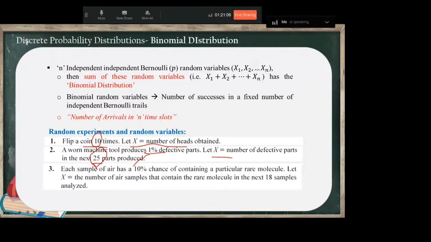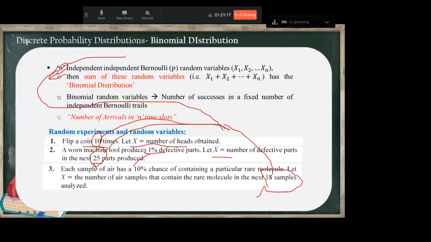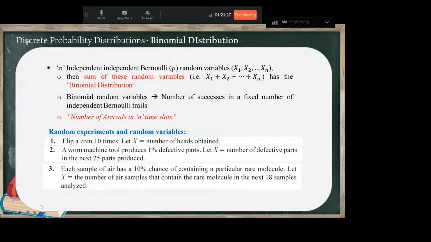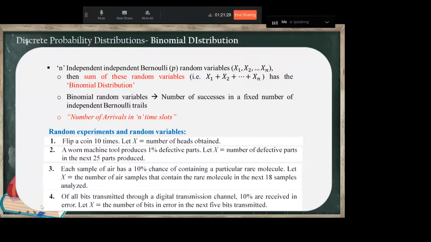Let X be the number of air samples that contain the rare molecule in the next 18 samples. So here again n is given. So in all these examples, n is given, which makes it a binomial distribution, not a Bernoulli distribution, right? Because there is n, everything changes. Now the mean will also change. That's another example. Here again n is there, the next 5 bits.